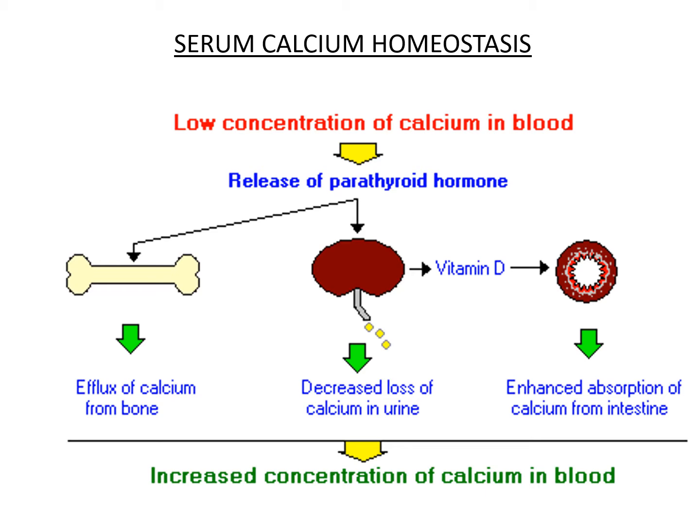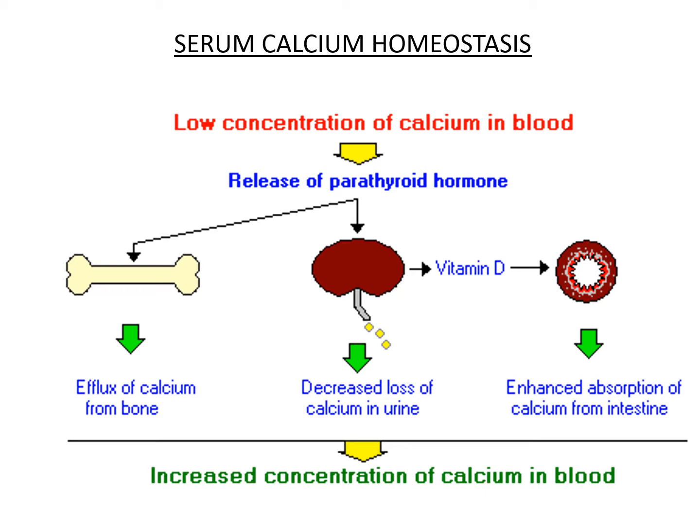Okay, and once serum calcium is maintained at a proper level, within a very tight parameter, that will reduce production and release of parathyroid hormone from the parathyroids. Right? So the parathyroid hormone is only released when serum calcium starts to drop.